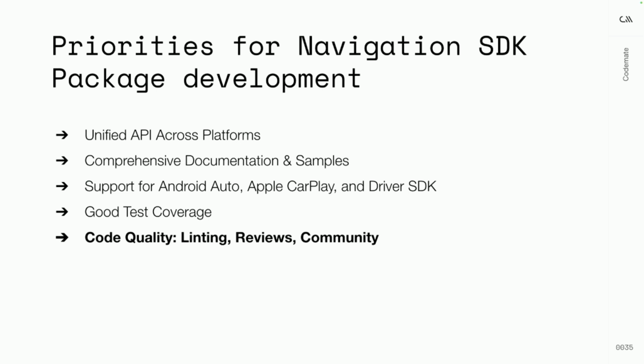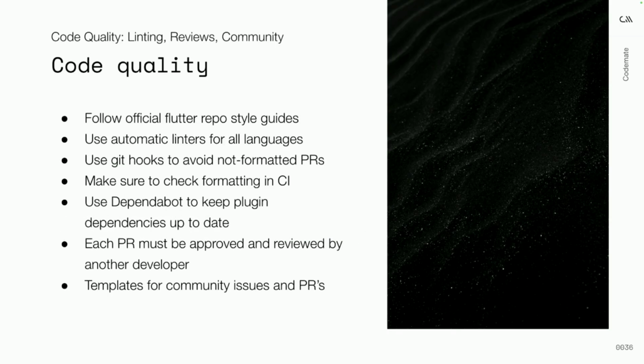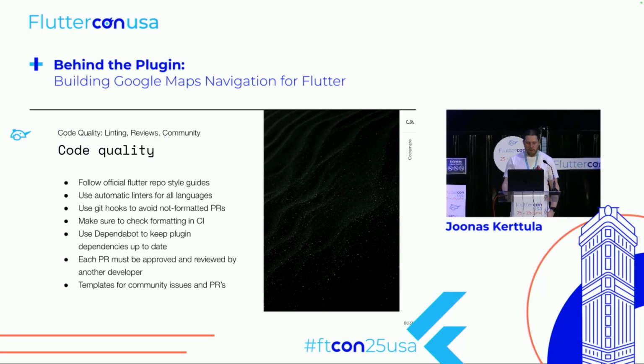About code quality, this is also one area we felt really important on our development. And our package has followed the official Flutter repo style guides. And I suggest that every package developer should go through those, because they are really good and allow to use same code style Google is using in their own packages.